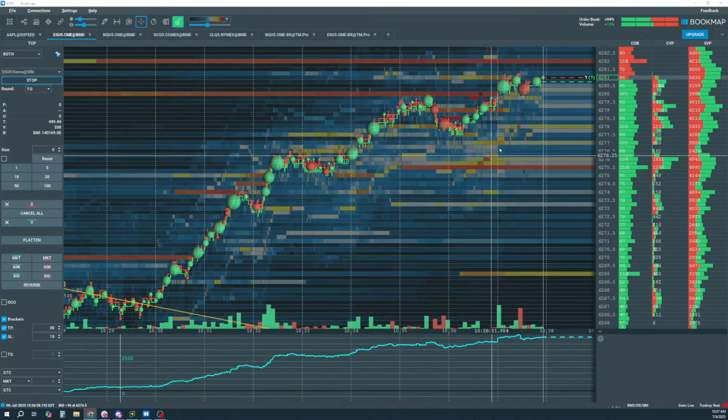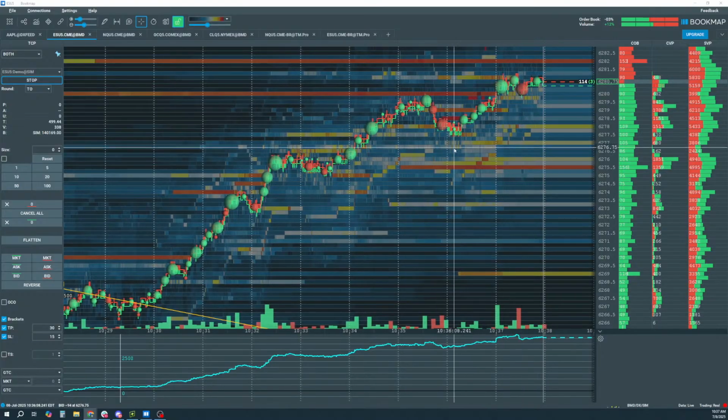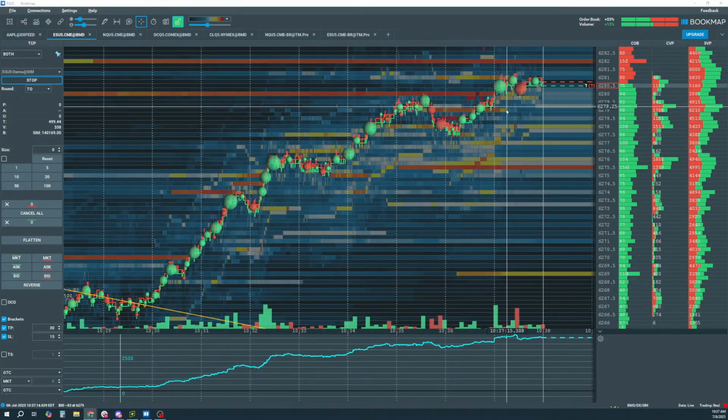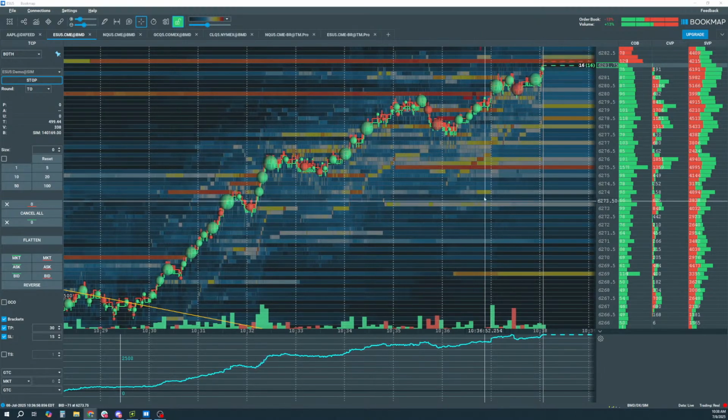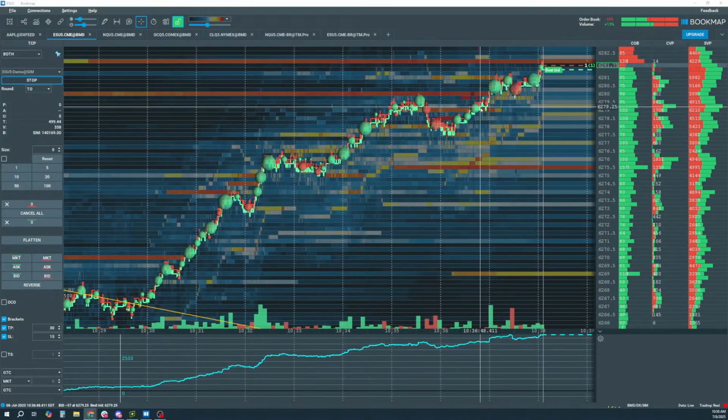Okay, more demand at a higher level passively on the bid. It should be able to get back up to 82 here. Push into 82.